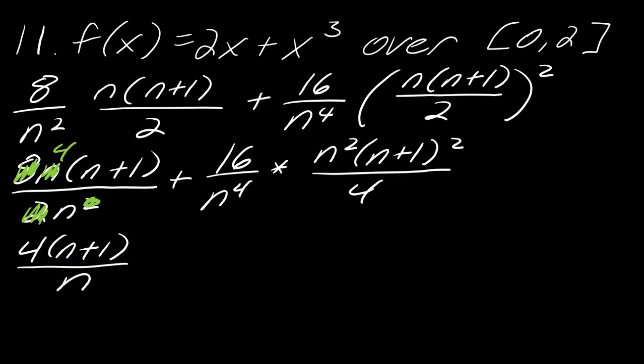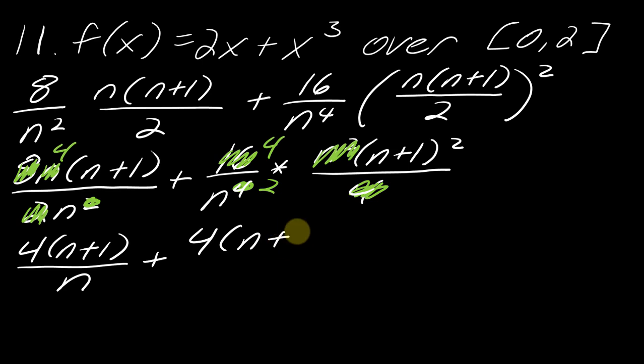And then for this second fraction, this 4 will cancel into the 16, so the 16 will just turn into 4, this n squared will drop out entirely, and then I can subtract 2 from this exponent. So now I'm left with 4 times n plus 1 squared over n squared.